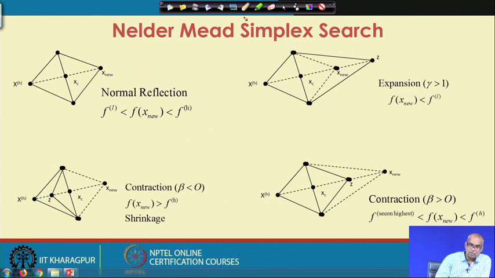You would like to come back, you would like to contract. How much you will contract will depend on the parameter beta. Beta is less than 0. So, basically you would like to shrink the size of the simplex. Note that you have contracted along the direction through which x nu was obtained and you have obtained the new point z by shrinking the simplex.